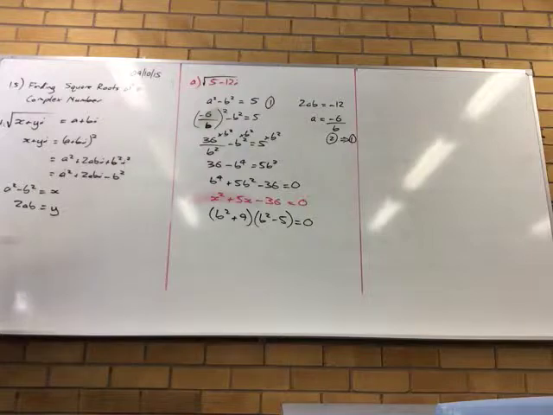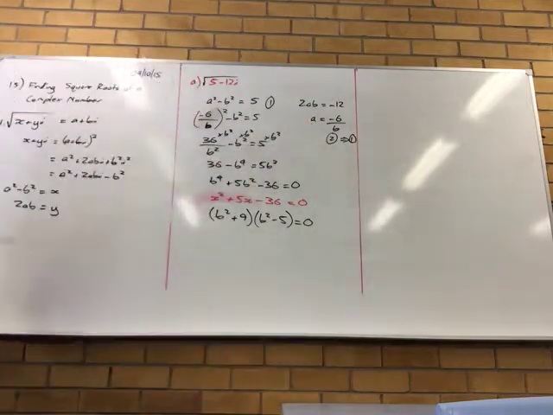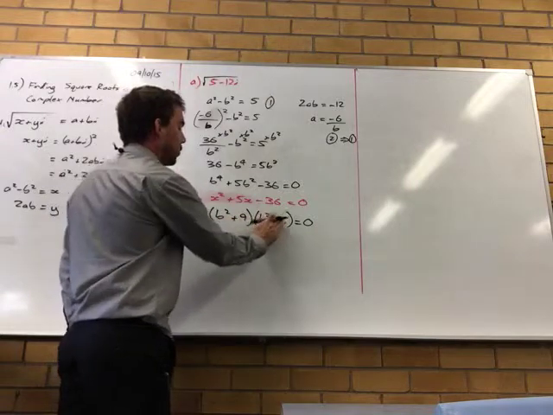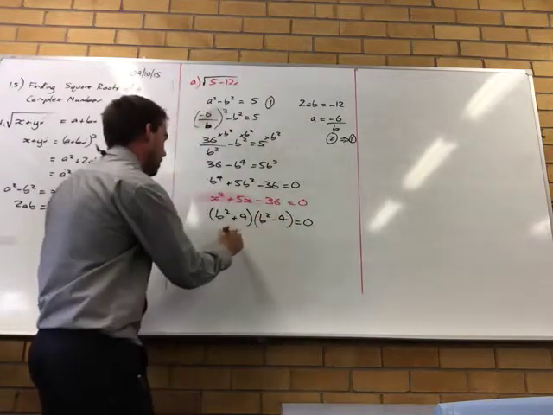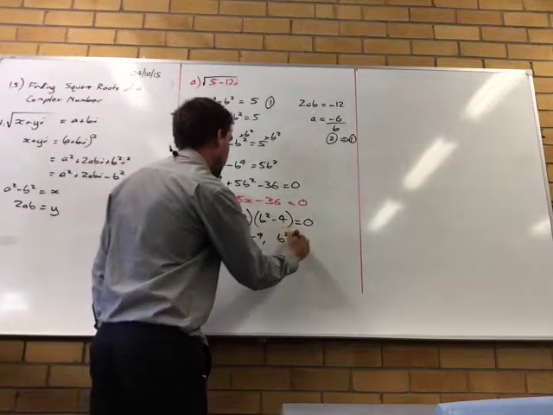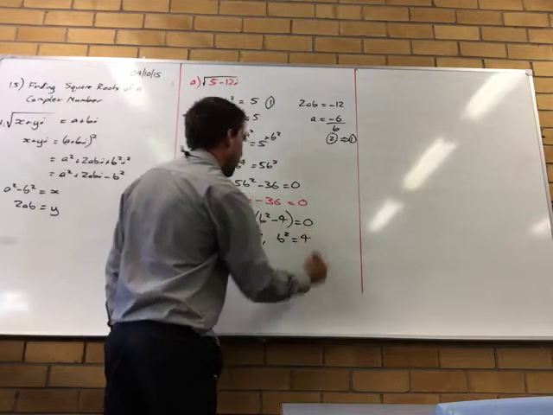Actually it doesn't matter. Alright, so b squared is equal to negative 9 and b squared is equal to 4.